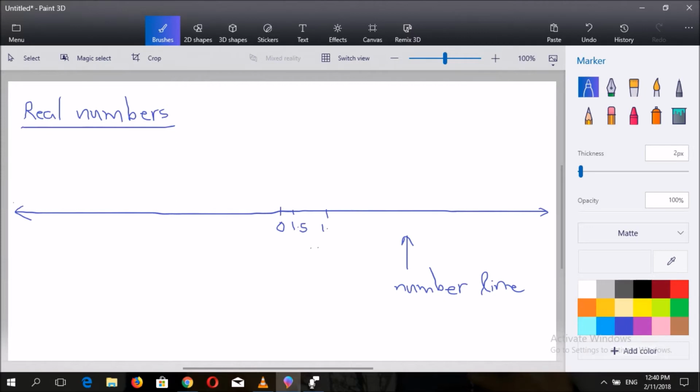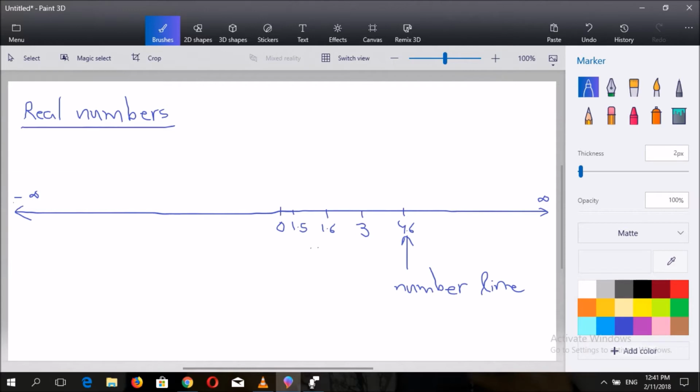Now, this horizontal number line has a midpoint which represents the value of 0. So the midpoint of the number line represents the number 0, which, as I said, is considered to be an integer and also a real number. All the numbers that are located to the right hand side of 0 are greater than 0.